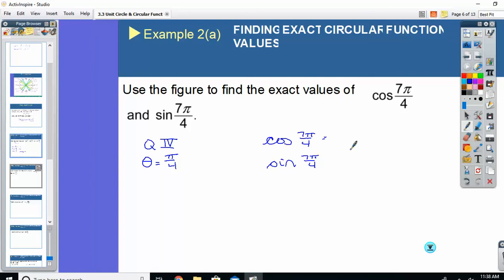What is the cosine of 45? Radical 2 over 2. In quadrant 4, sine is negative, and the sine of 45 is radical 2 over 2. Cosine is x.